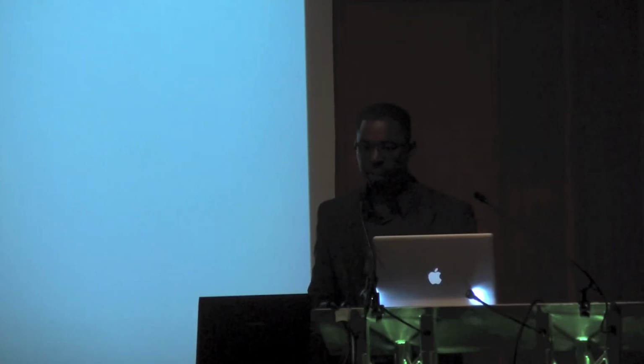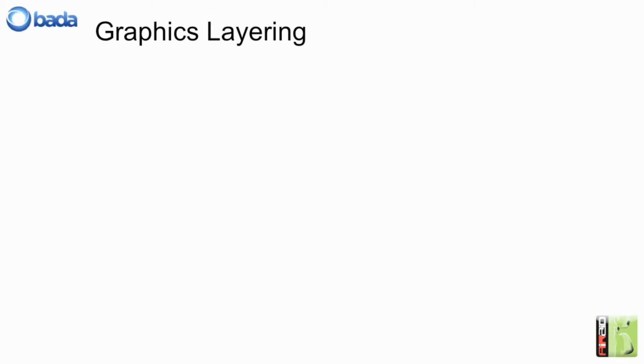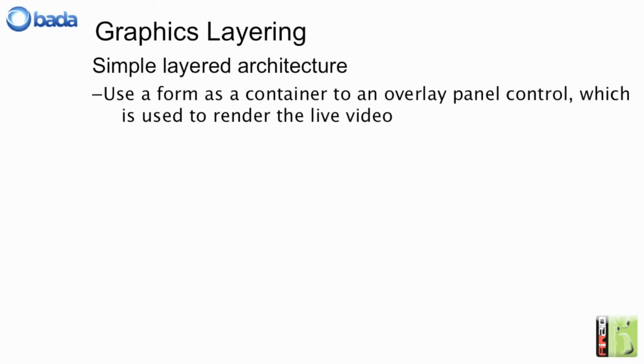So how is the layered effect actually achieved within bada? Now we use a simple layered architecture. We have a form, which is the container for the overlay panel. An overlay panel is a bada control which allows us to render live video. So essentially what we have is a form onto which we superimpose an overlay panel. The overlay panel will render the live video.